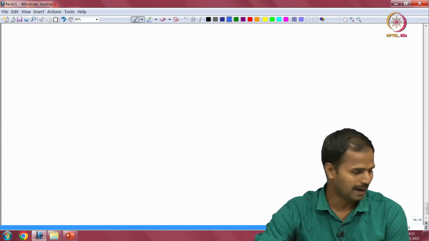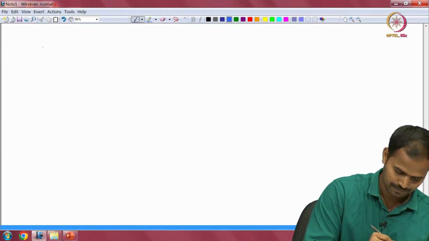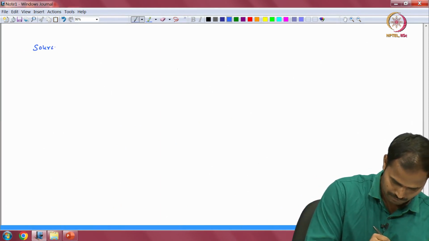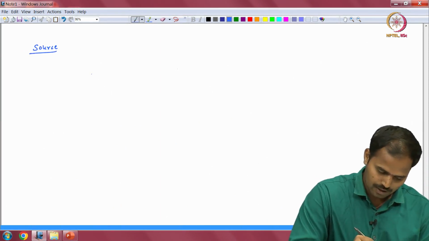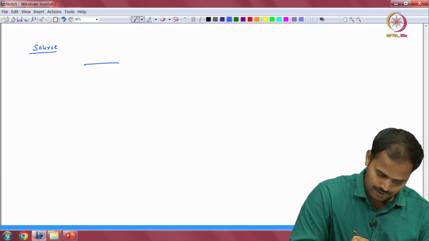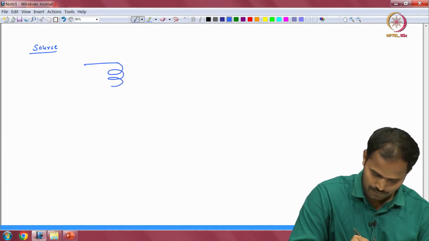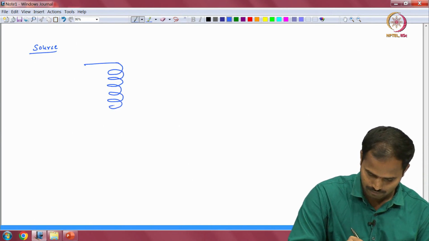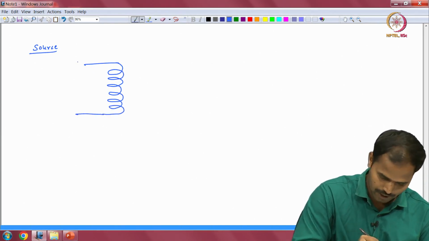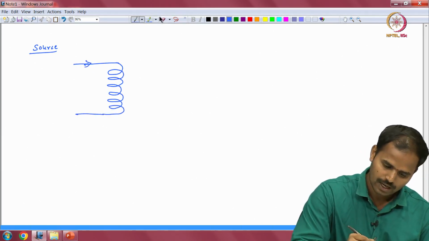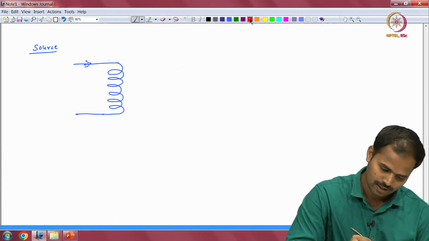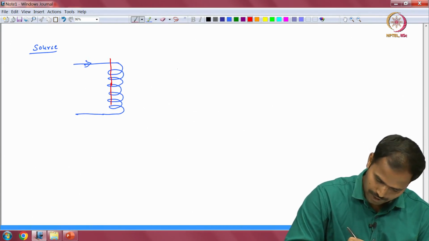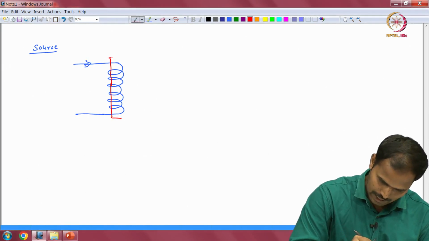That is magnetic field source 5. This is the solenoid we have discussed, and he introduced a core here, an iron core.